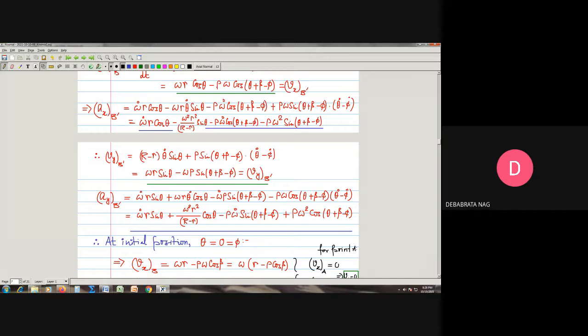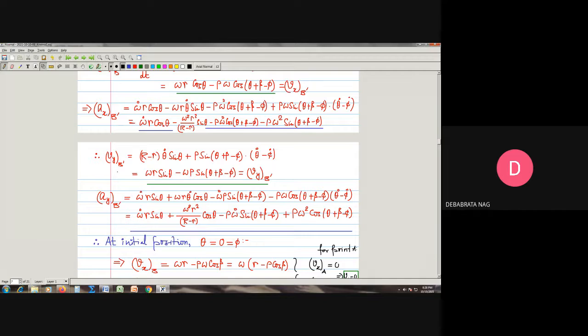So when I am putting theta and phi both equal to 0, b dash comes to the location B. So therefore Vxb, now instead of b dash I am writing it the point B, that will be the x component velocity, that turns out to be omega r minus rho omega cos beta, and that is, if you take omega whole into r minus rho cos beta.